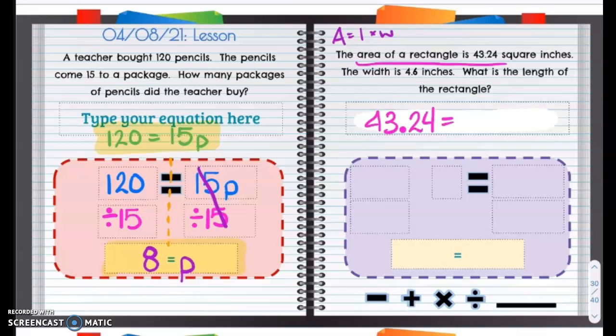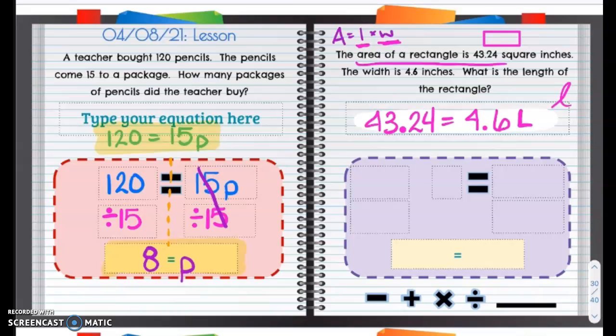That equals length times width. We know the width is 4 6/10 inches times the length. We don't know the length, so I'm going to put an L. A lot of times you'll see a lowercase l, so that's also length.